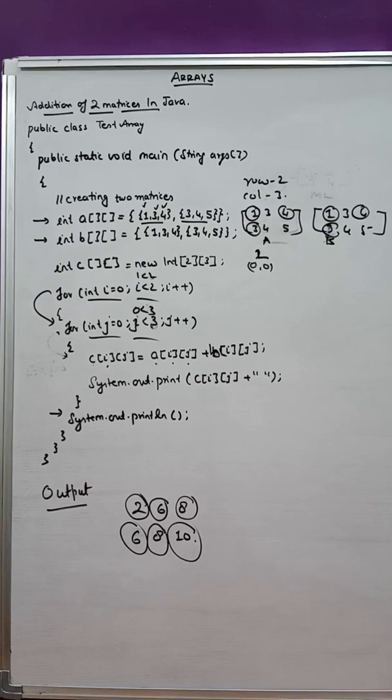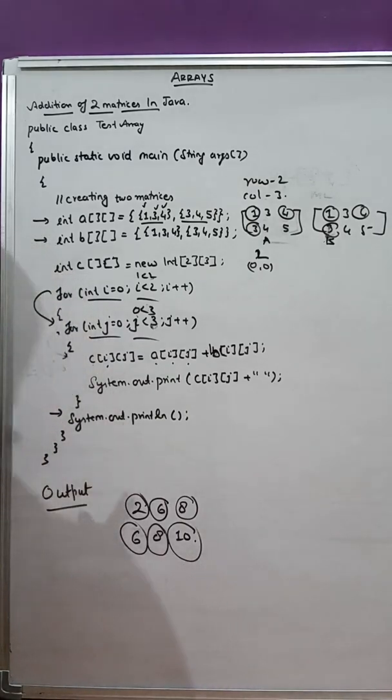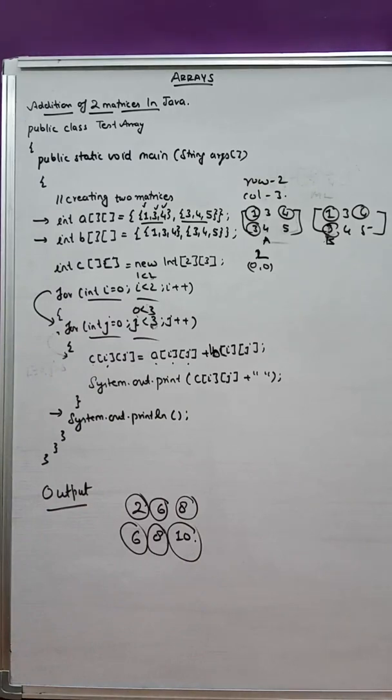So for that you are using two for loops. The outer for loop is for the row and the inner one is for the column. Based on the index values for row and column, we are able to locate the values, and once we locate the values, we can add them together in a single array.